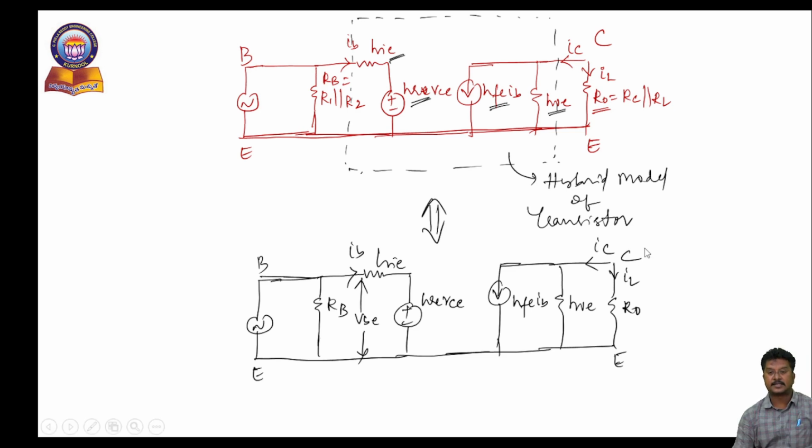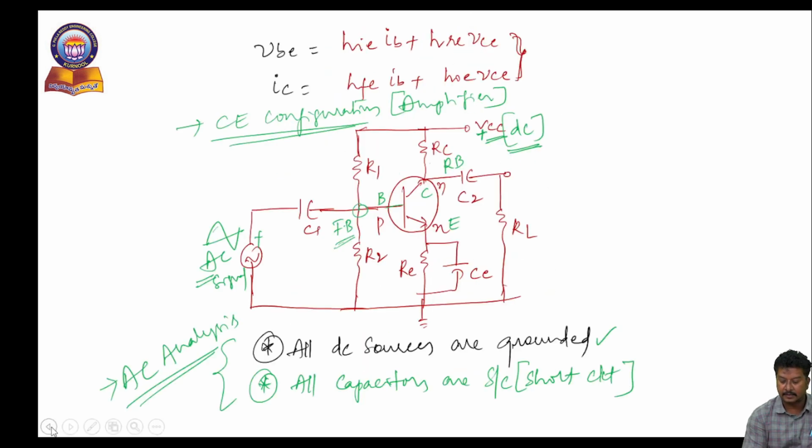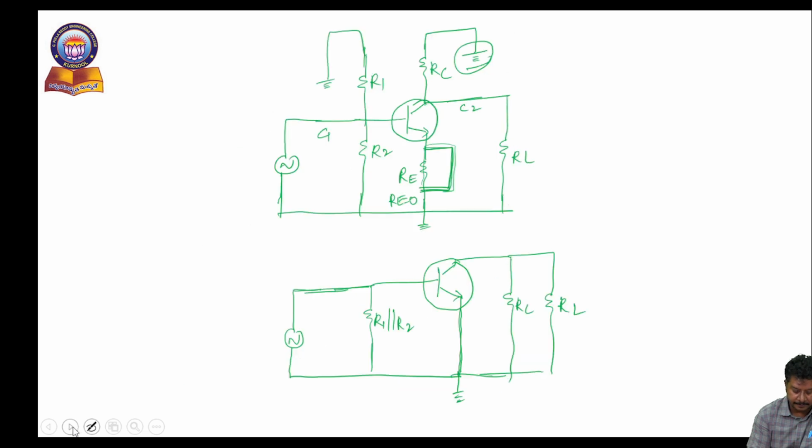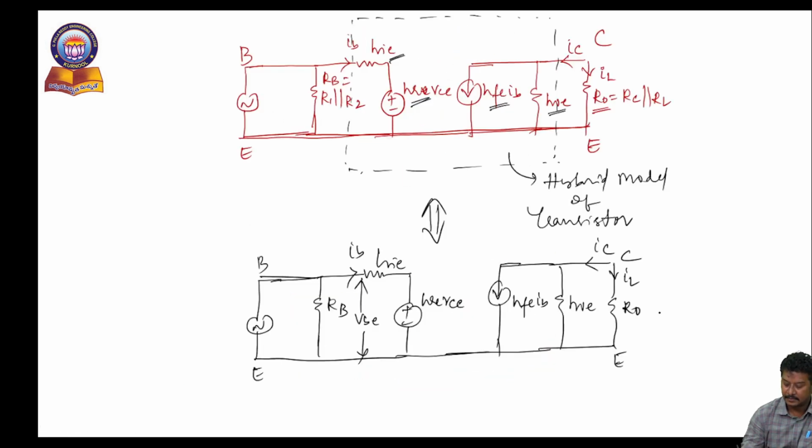This is the final circuit that we are achieving from the practical circuit. This is one of the practical circuits, and this circuit is converted like this. Unless you are able to convert this circuit into the hybrid equivalent model, it is not possible for us to find the voltage gain, current gain, input resistance, and output resistance.